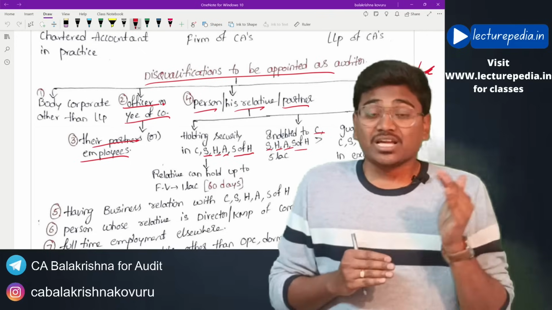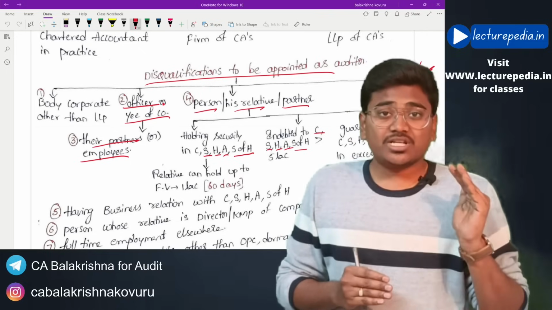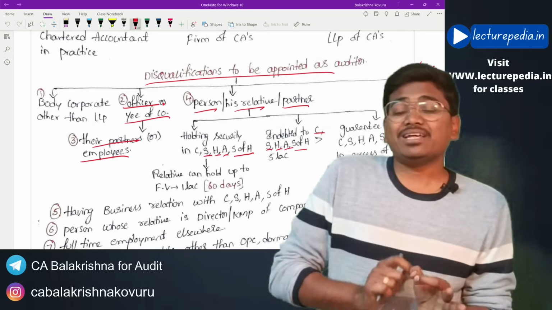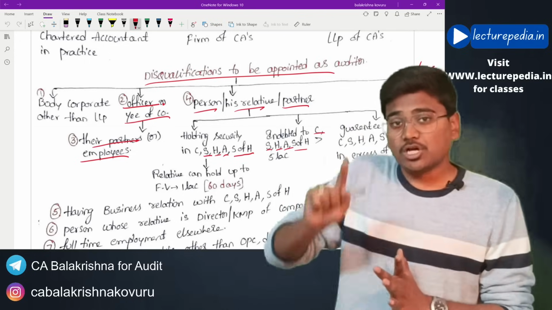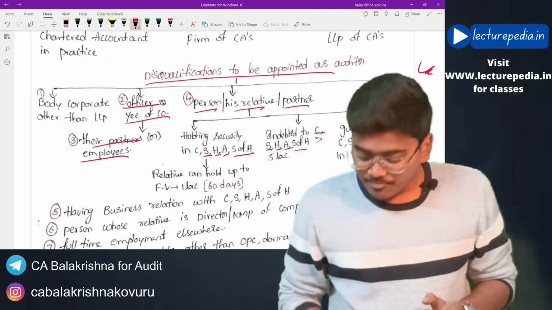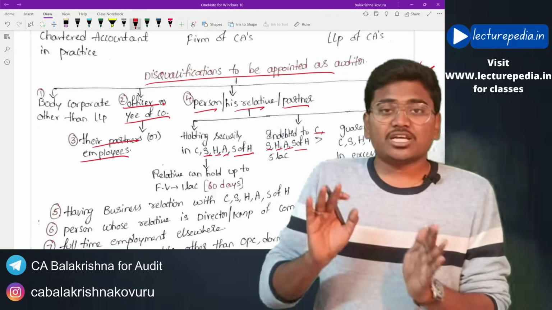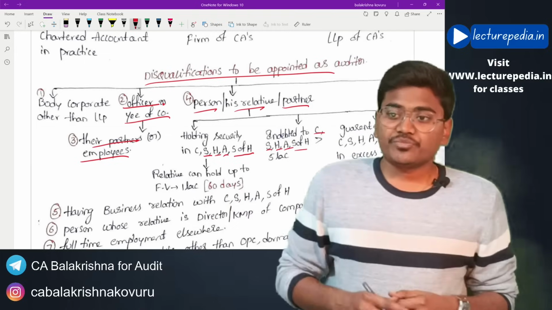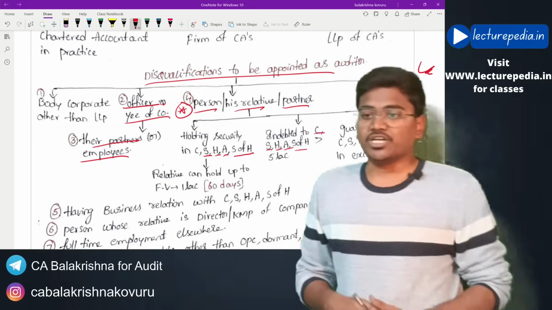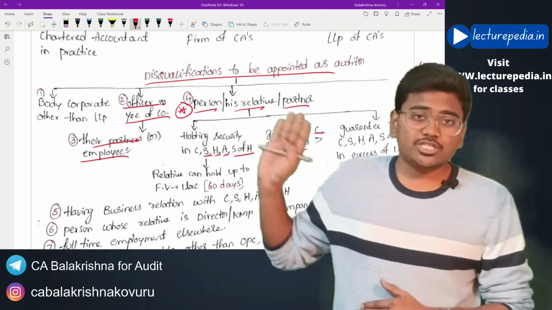And also, if a person or his relative or his partner has provided any guarantee to the company on behalf of some third party exceeding value of rupees 1 lakh, even in that situation, that person cannot be appointed as auditor. This is the fourth disqualification and also an important disqualification. On this, MCQs might be asked.